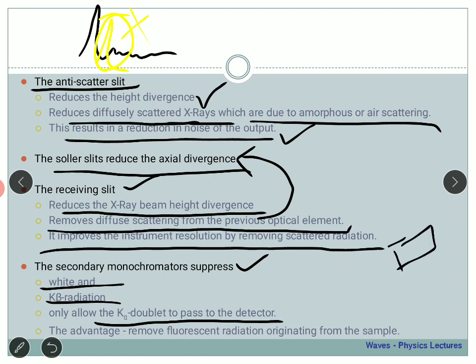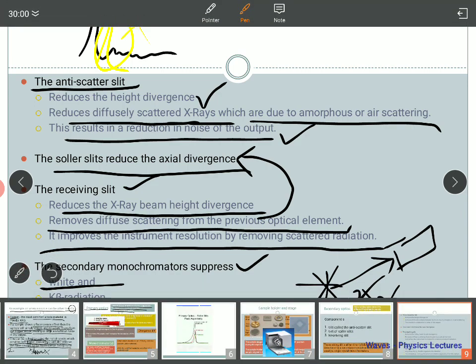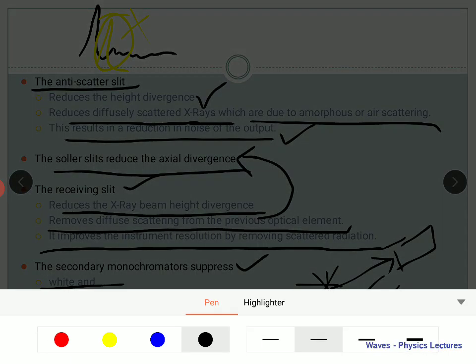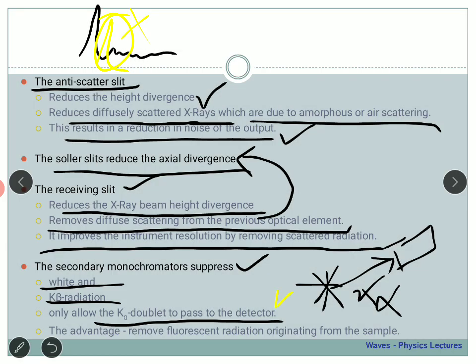So the signal that we get at the detector should also be only K alpha. If we use some kind of slit or the secondary monochromator, and we initially have K beta and K alpha, then after crossing it only the K alpha line will pass through and the K beta will be filtered out.